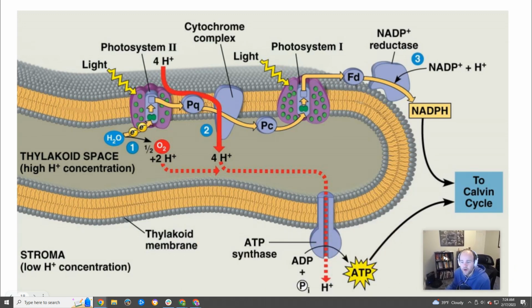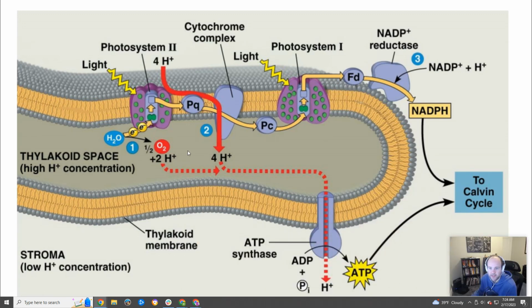So this is the overall light reaction taking place in our thylakoid. We have our thylakoid membrane with a lot of embedded proteins, proteins like photosystems, like cytochromes. We have NADP reductase, which, just like it sounds, is going to reduce NADP into NADPH. And we have our old friend ATP synthase.